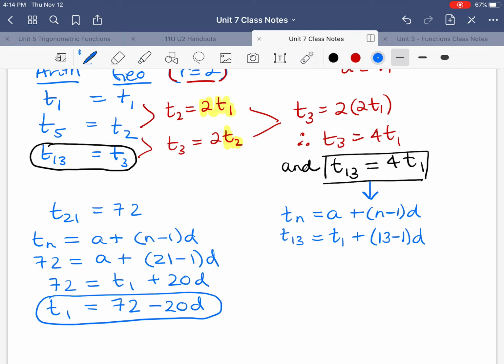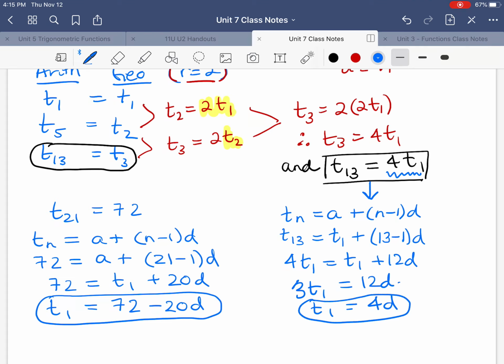Now we put in 4 times T1 instead of T13, and we can do that because they are equal. Now we solve and get T1 by itself. We end up with 3 times T1 is equal to 12D, and T1 is equal to 4 times D.